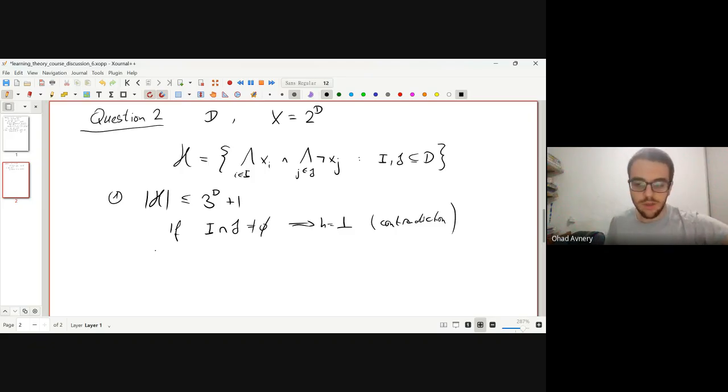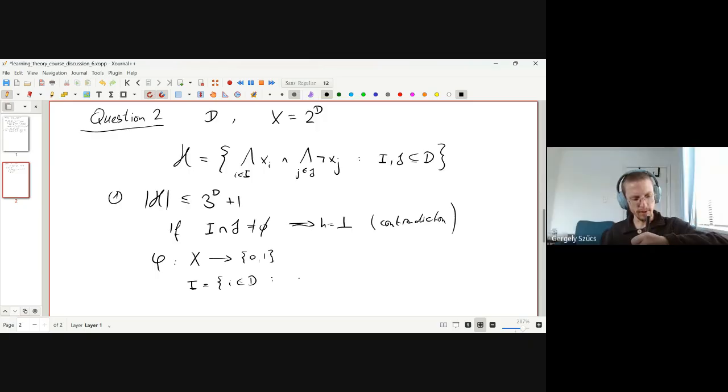That is, if we have phi as a Boolean function, then we can find I and J from it, and we do that by defining I to be the set of all indices such that phi of x and the negation of xi is a contradiction.